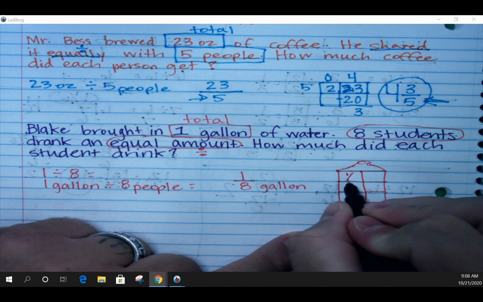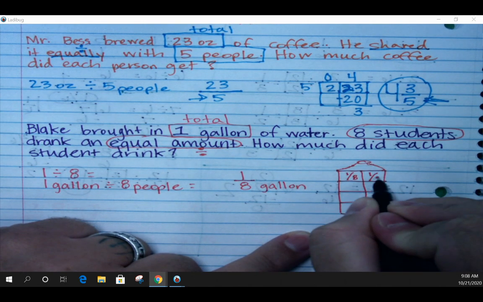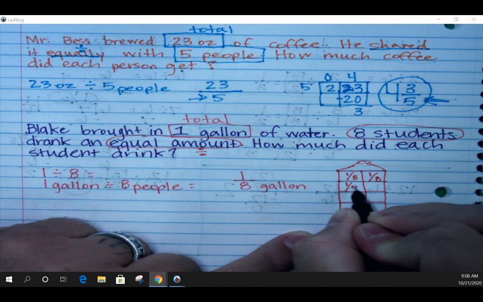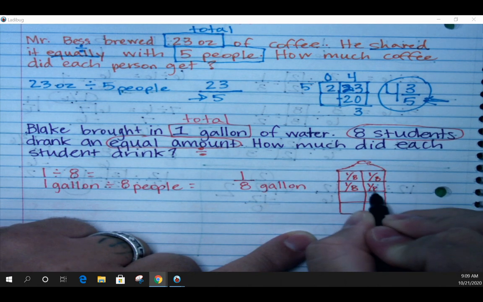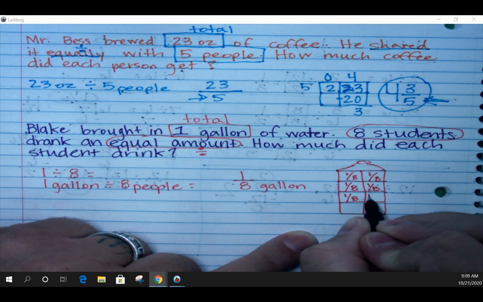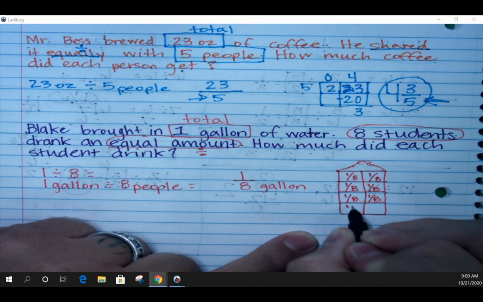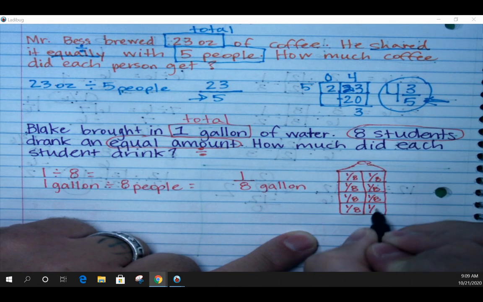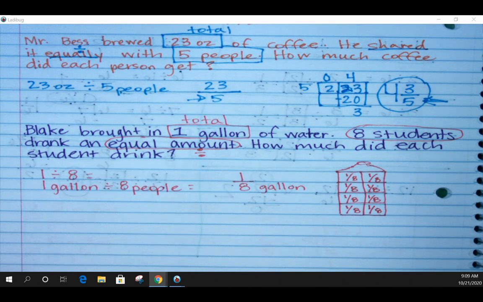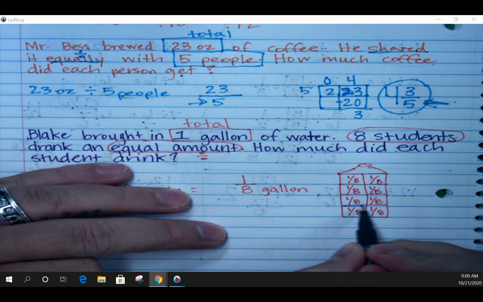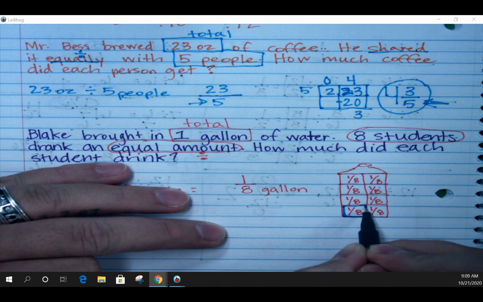This is an 8. This is an 8. This is an 8. Make sense? Yeah. Each person will get 1/8.